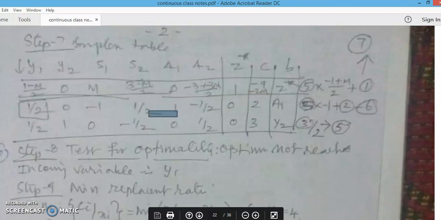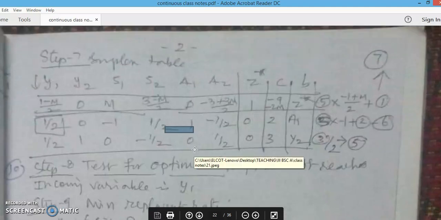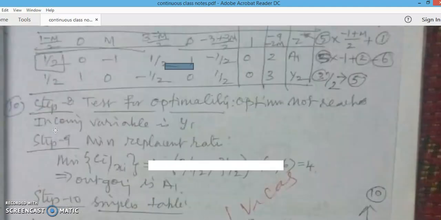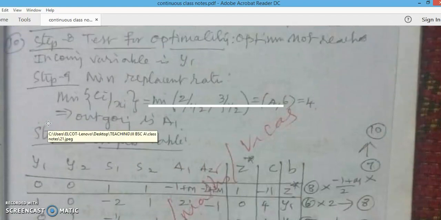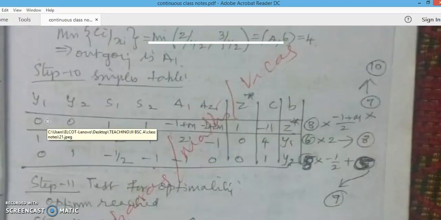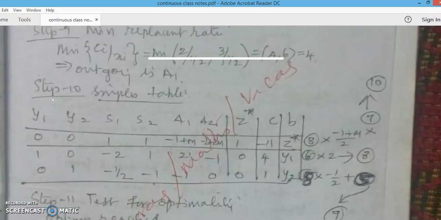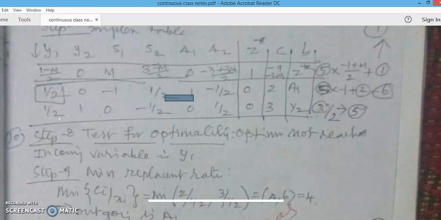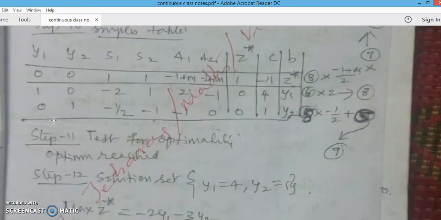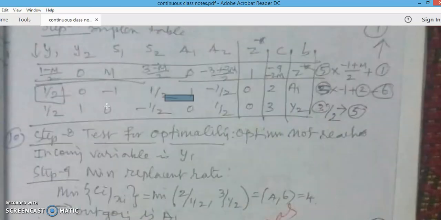Right. Now this is what you have here, 1. So as soon as you make this 1, you have to make it here 0, and you have to make it here 0. So what we have to do? Multiply this by 1 by 2, add with this.